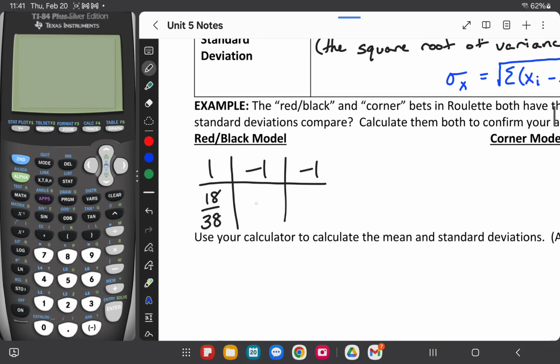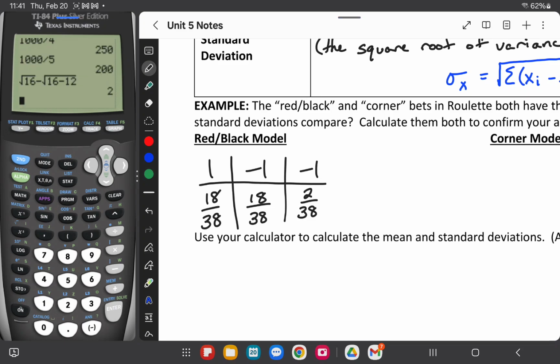Whereas to lose, if it landed on the other color, you would have an 18 out of 38 chance of that happening. Again, you'd be losing $1 in that case. And last but not least was if it landed on green, because remember there are those two green spaces, then there was a 2 out of 38 chance that you would lose your $1 there.